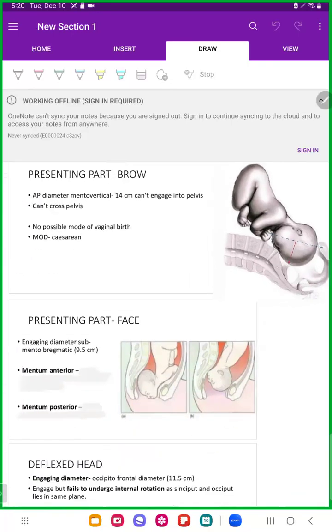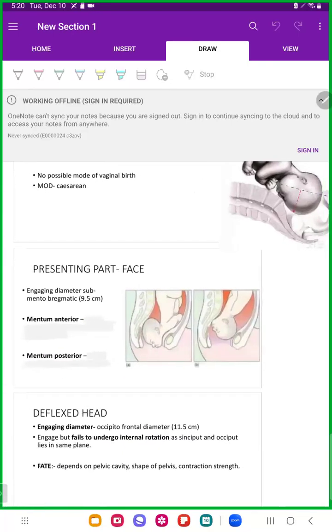Next, coming to presenting part as face. So in face presentation, the denominator is mentum or chin, and the engaging diameter is submentobregmatic, which is 9.5 centimeter. So there are two conditions. First one is when the mentum is anterior, that is the chin is anterior. So in this condition, the head can undergo flexion and can deliver vaginally.